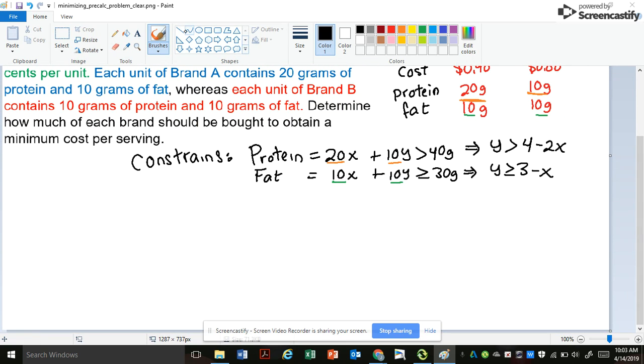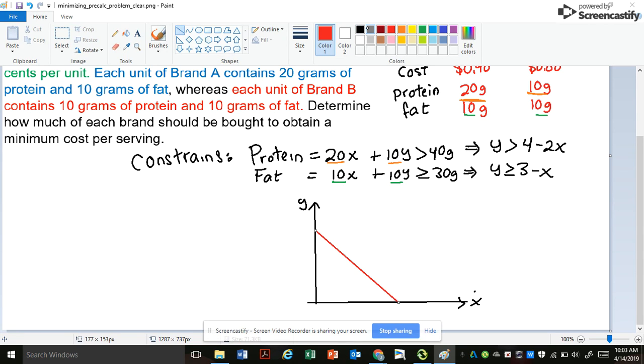So let's make the graph, x and y. Our graph tells us that this is y, this is x. So we want to graph these two functions. We notice that the first function is a straight line with negative slope.